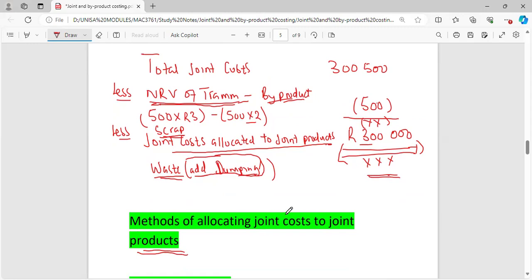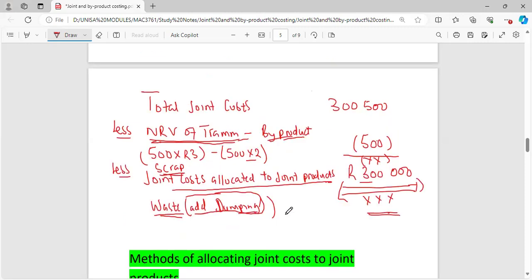I'll ask something. Let's say the net realizable value of a byproduct or scrap is negative. We sold at a loss. Let's say we sold for R2 and the further cost is R3.